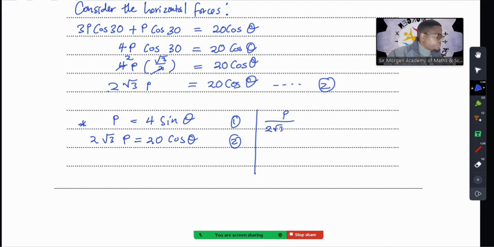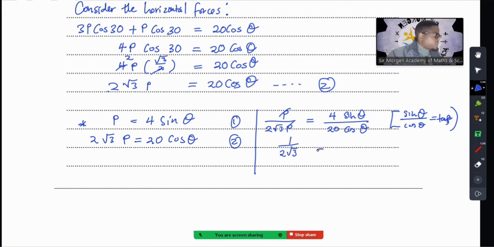So if I divide equation 1 by 2, that means I'll have p over 2 root 3p on the left hand side being equal to 4 sine theta over 20 cos theta. Right, I want you to recall that sine theta over cos theta is equal to tan theta. So that means p and p cancel out this side.